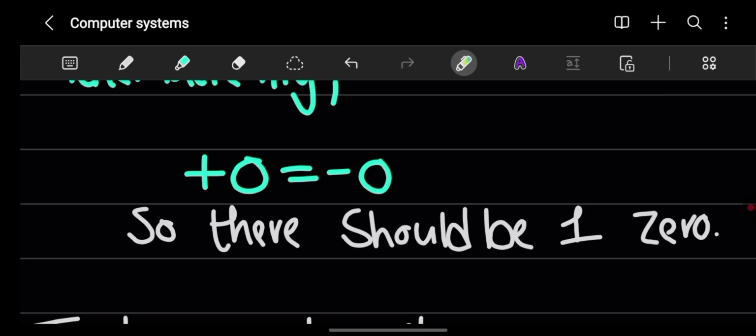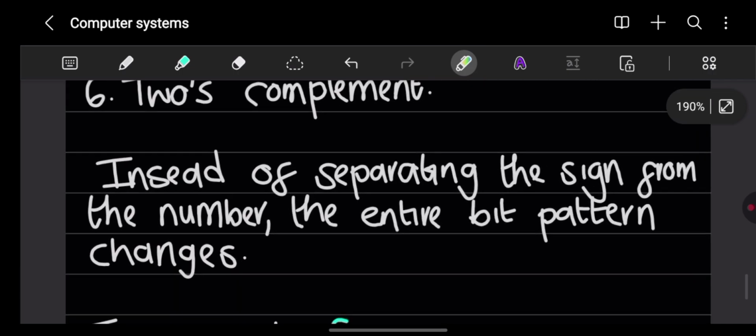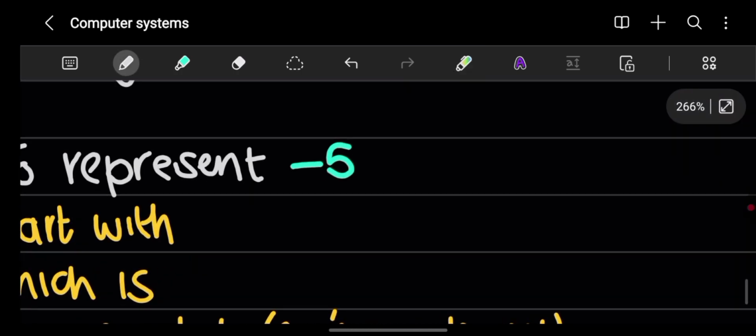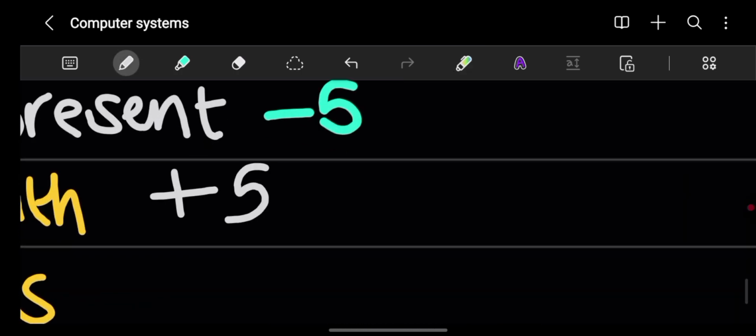Because it was rejected, they implemented two's complement, and this method is used by most modern computers. I don't think computers would be designed right now, at this day and age, to use sign and magnitude. So the idea here is, instead of separating the sign from the magnitude or the number, the entire bit pattern changes. To represent -5, we're going to start with a positive 5, and I'm going to explain why.